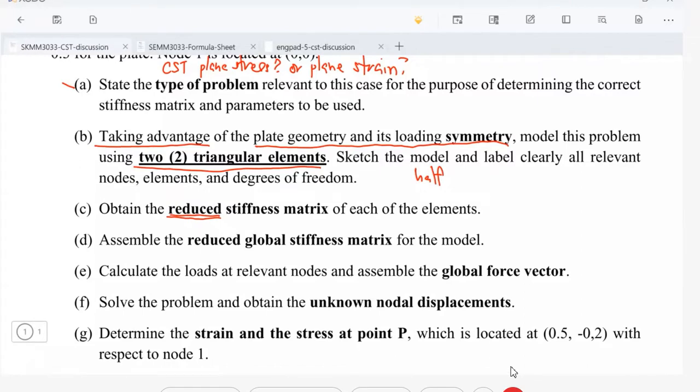Normally we reduce it during our assembly, but in this case, because CST has 2 degrees of freedom per node, and CST has 3 nodes per element, we have a 6 by 6 element stiffness matrix. So it is good if we can reduce at an early stage so that our assembly will become easier. And again, assemble the reduced global stiffness matrix.